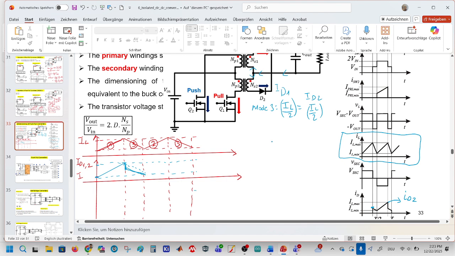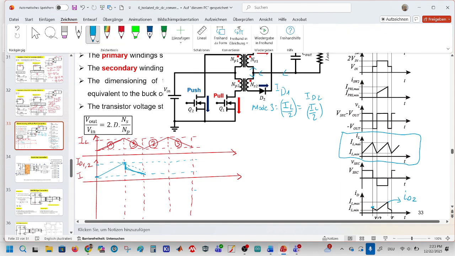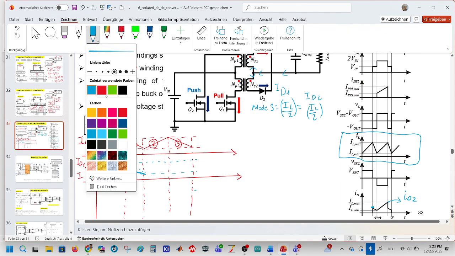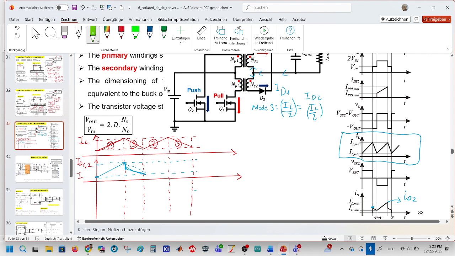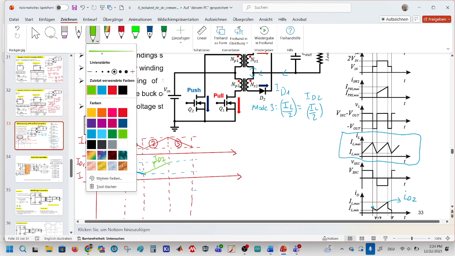This is during mode 3. And during mode 2, in this case, the diode current, this is ID2, and this was ID1.